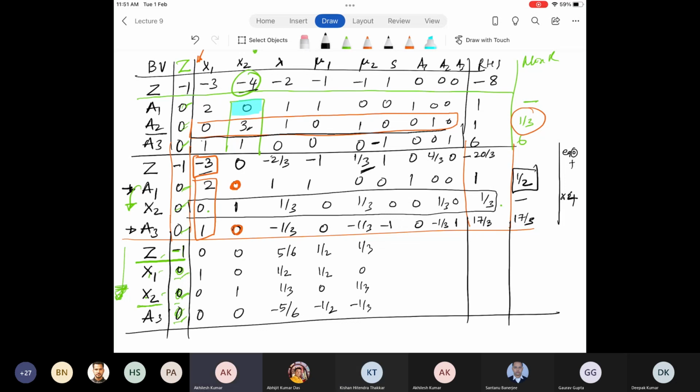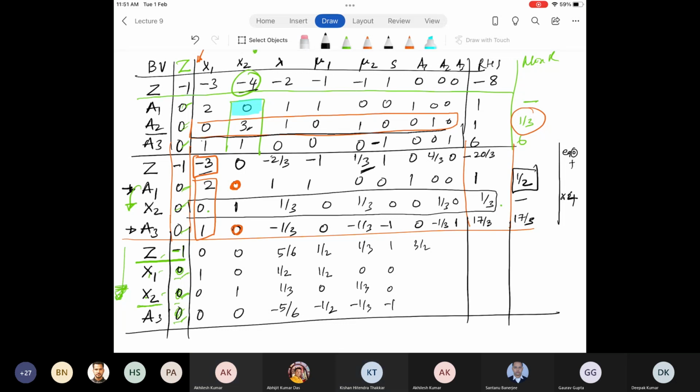Okay. S: 1, 0, 0, minus 1. Okay. 3 by 2, 1 by 2, 0, minus 1 by 2. Just a second. 3 by 2, 1 by 2. Hold on. Pencil is stuck again. 1.